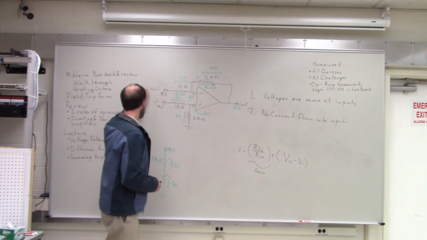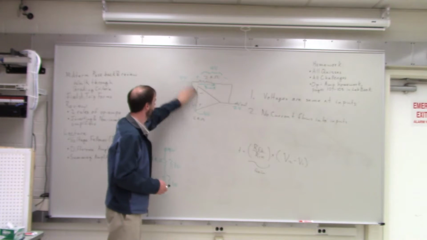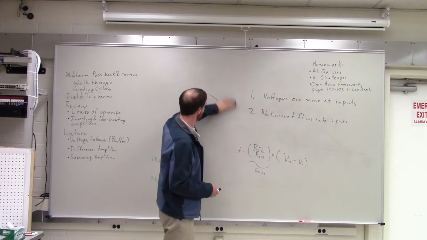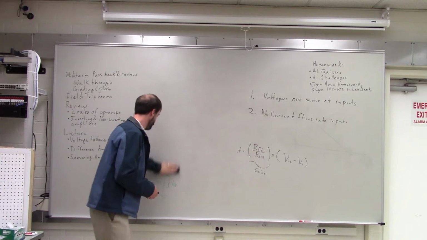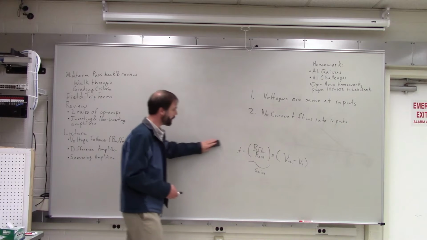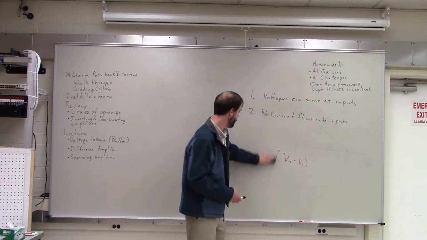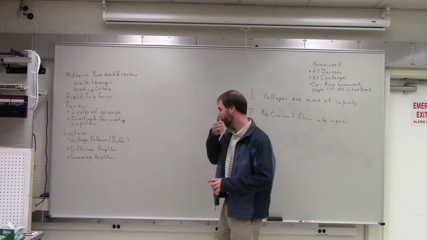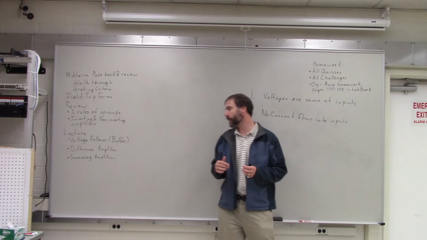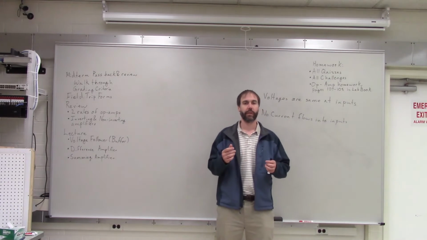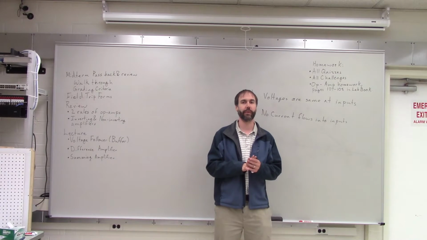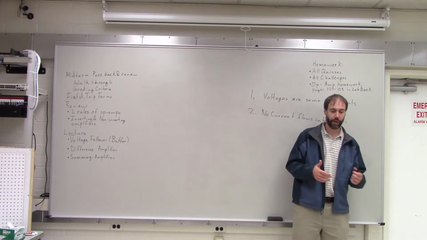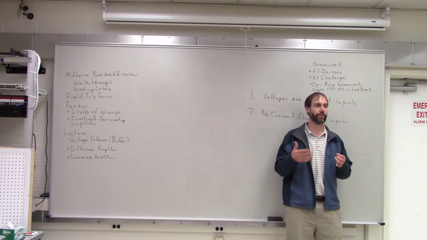So the last type of circuit that I want to talk about tonight is the summing amplifier. Okay? So what this does is that it takes several different input signals and it adds them together. So this could be used for something like a mixing board in acoustics, in music.